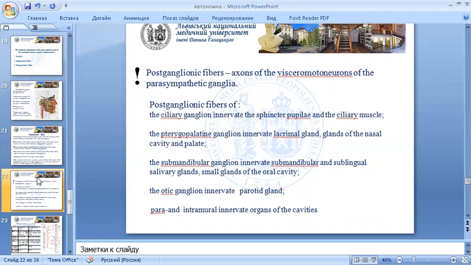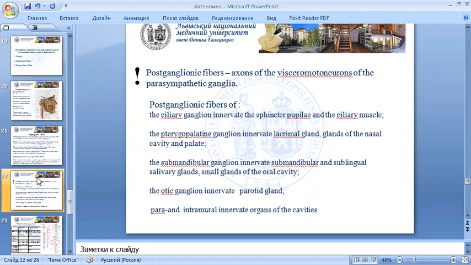The postganglionic fibers of the ciliary ganglion innervate the sphincter pupillae and the ciliary muscle. Postganglionic fibers of the pterygopalatine ganglion innervate the lacrimal gland and the glands of the nasal cavity and palate. The postganglionic fibers of the submandibular ganglion innervate the submandibular and sublingual salivary glands and small glands of the oral cavity.